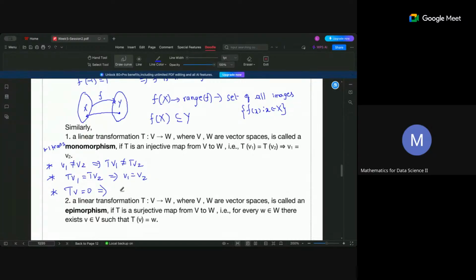If T of v is equal to 0, what should v be for an injective function? v equal to 0. Why is that so? What do we already know about a linear transformation? T of 0 is 0. So if T is injective and T of v is 0, then v should be 0. Okay. So these are three different ways of saying T is 1 to 1. Clear? All are equivalent definitions.